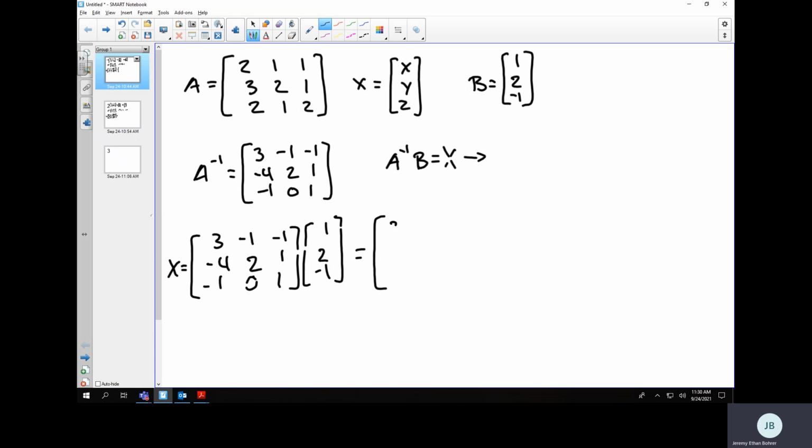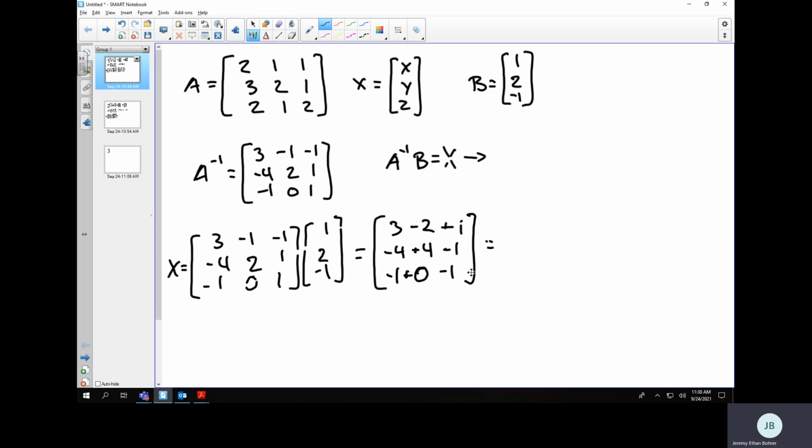3 times 1 is 3, minus 1 times 2 is -2, -1 times -1 is +1. -4 times 1 is -4, plus 2 times 2 is 4, plus 1 times -1 is -1. -1 times -1 is -1, 0 times 2 is 0, 1 times -1 is -1.